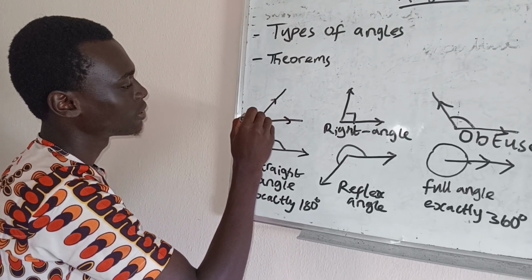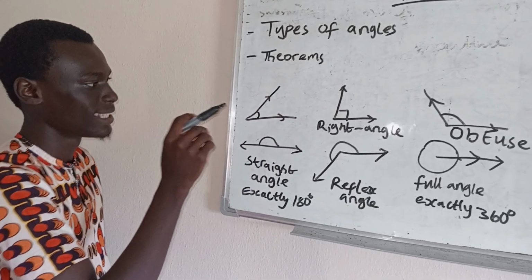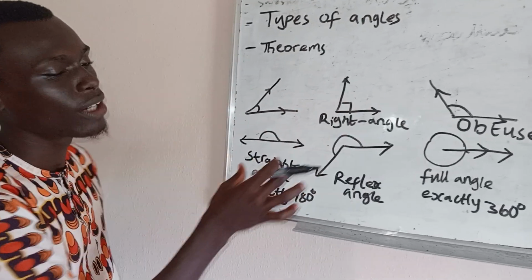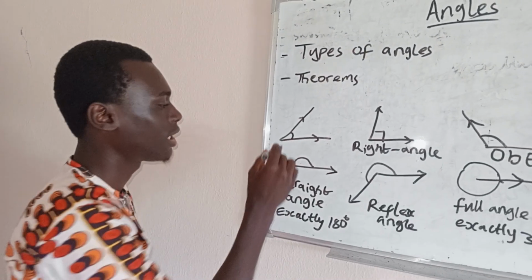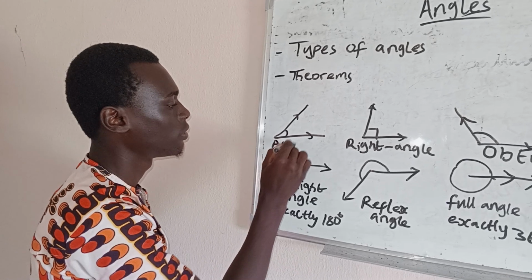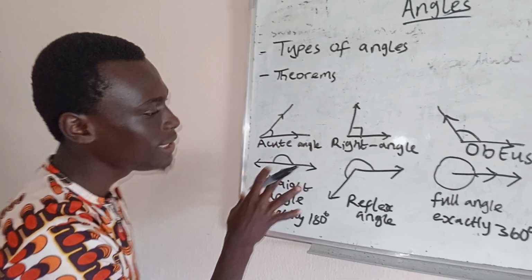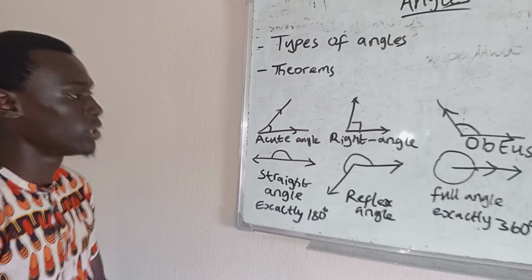Acute angles are less than 90 degrees. Any angle less than 90 degrees is an acute angle. So these are the types of angles we have.